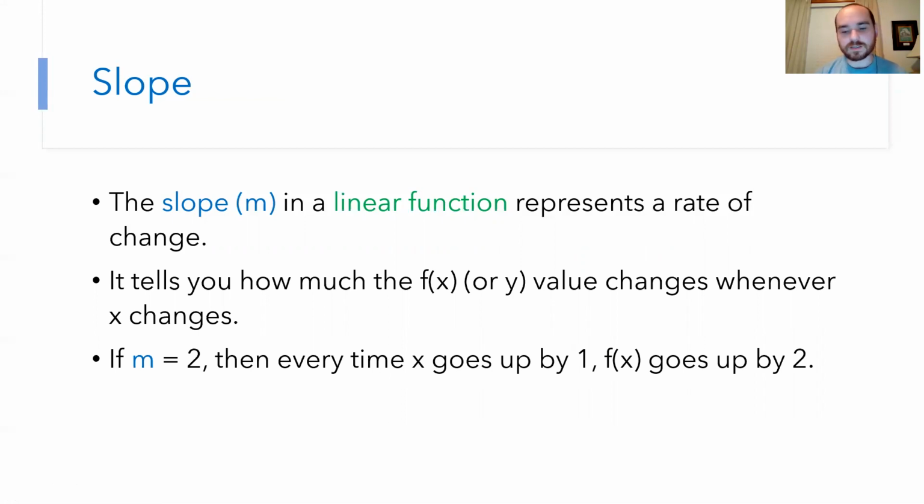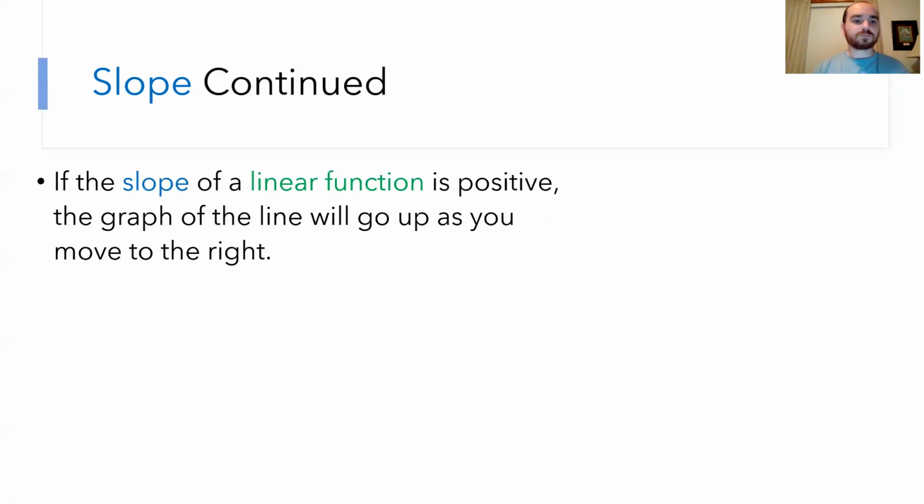Because you have 2 times x plus whatever or minus whatever, it doesn't really matter. So when you have an x that goes up by 1, because of the way that formula is going to play out, your y or your f of x is going to go up by 2.